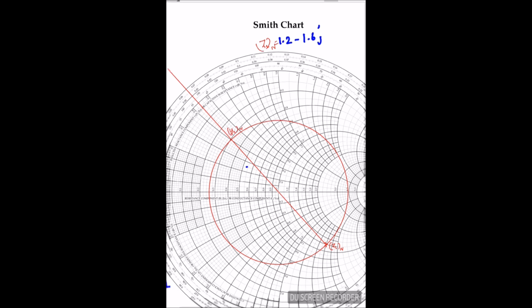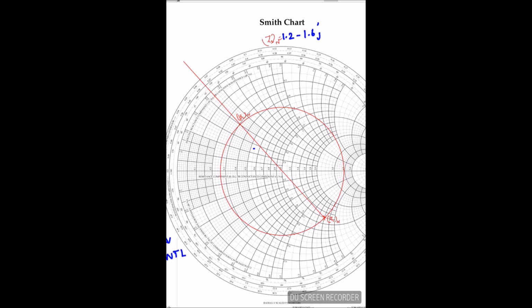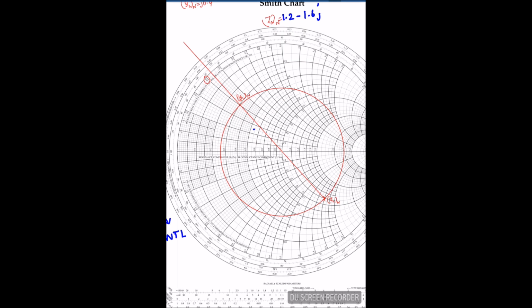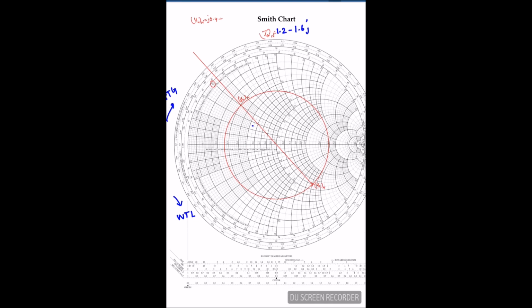You can read it from the scale. Here the reactance is 0.4, that is j plus, and the resistance is 0.3.